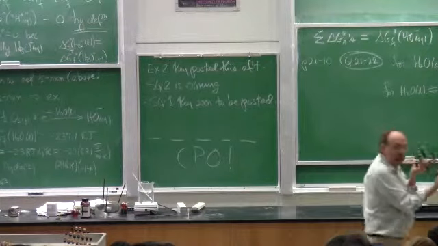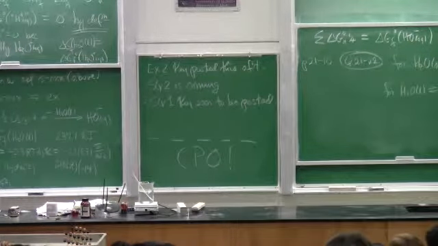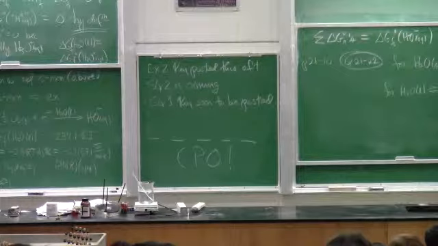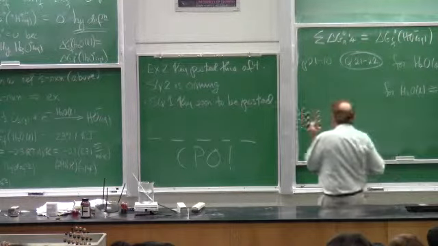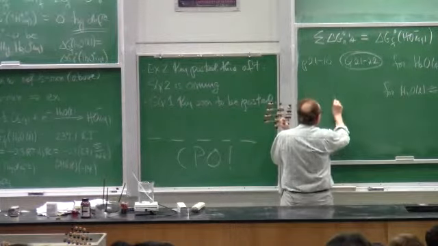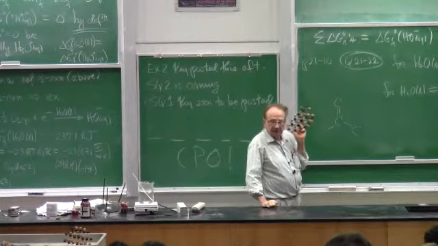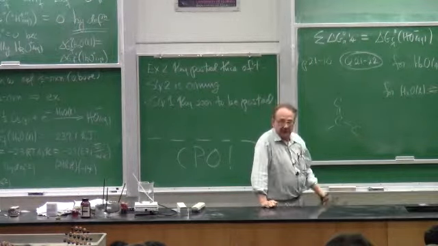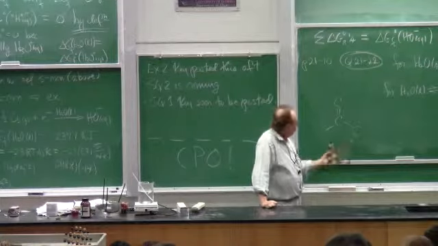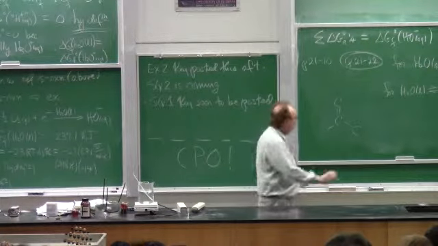You learn this about resonance, I should hope and think. The only picture I can draw of this is this. But there is no double bond here, just like there are no single bonds.